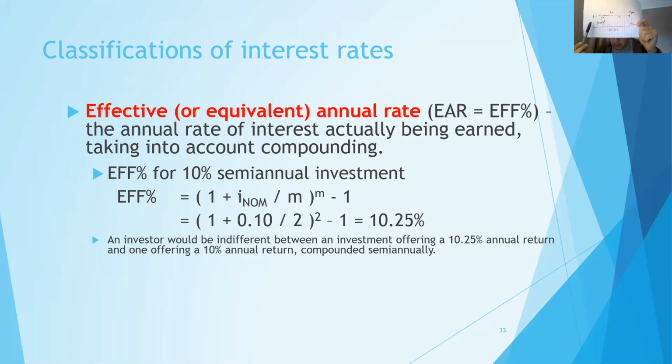So investing with 5% per period 2 times, or investing for 10.25% for 1 year. So both are the same, has the same return, right? So this is the effective annual rate.